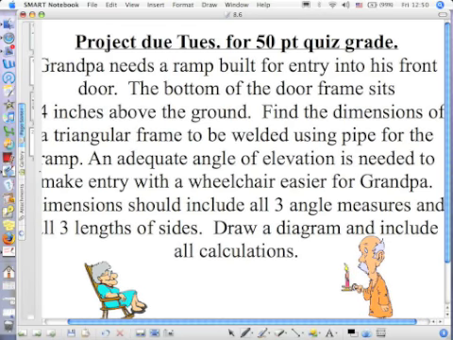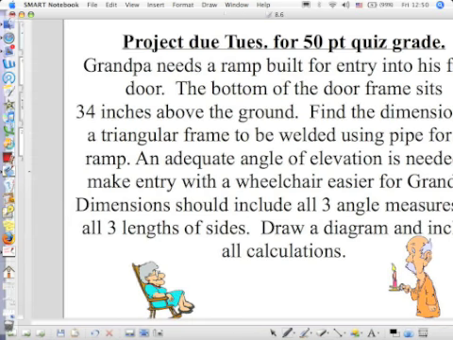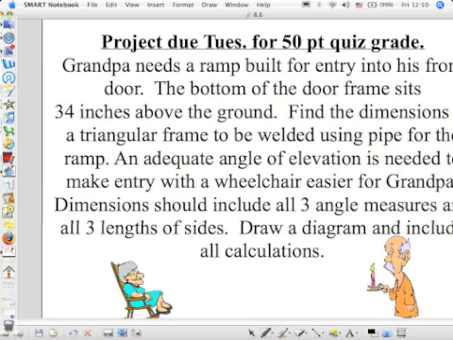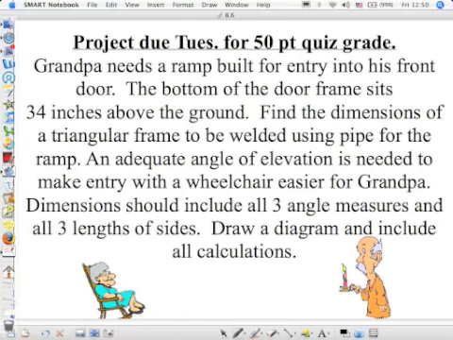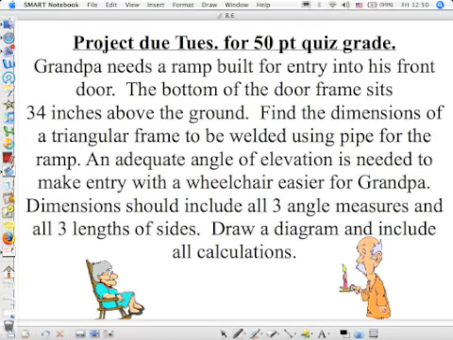The bottom of the door frame sits 34 inches above the ground. You need to design a triangular frame, so it's going to be a right triangle, on paper. We're going to use strong pipe welded together, and then we're going to put the boards on top of it.